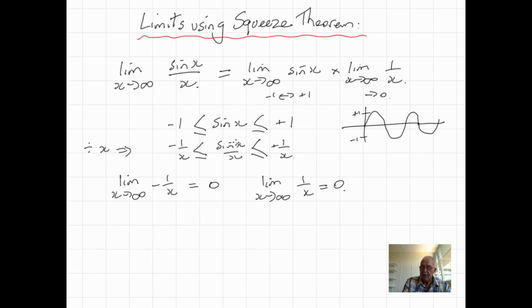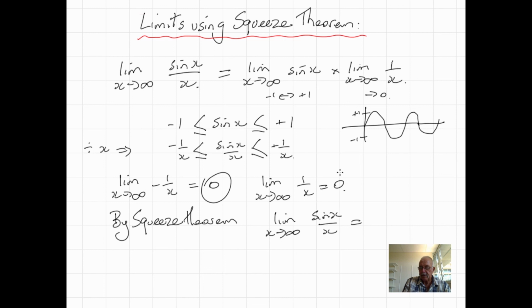So by the squeeze theorem, because this function sine x on x lies between -1 on x and +1 on x, the limit as x approaches infinity of sine x on x, because these two here are equal, and this one lies in between, must also equal 0.